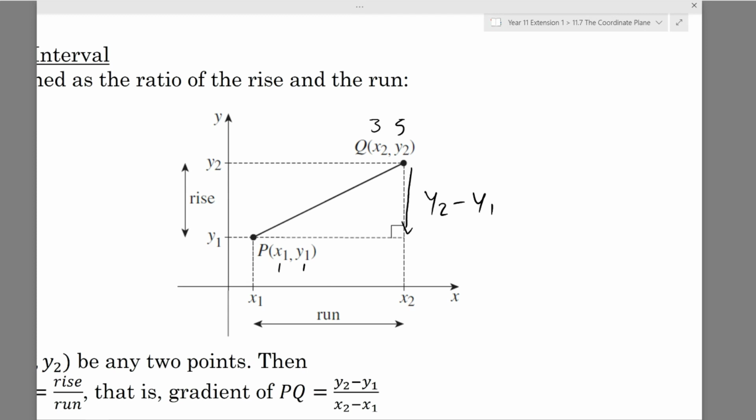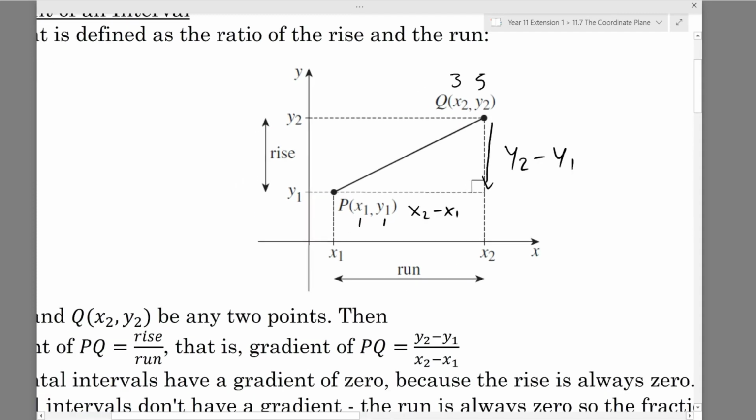And then the vertical run. The run is just how far from left to right does my line segment go. And to do that, all we need is the difference of the two x coordinates.